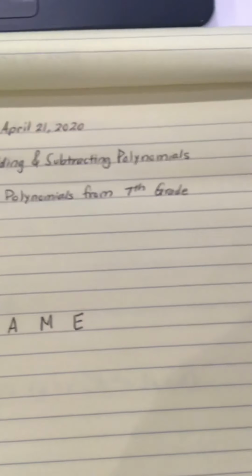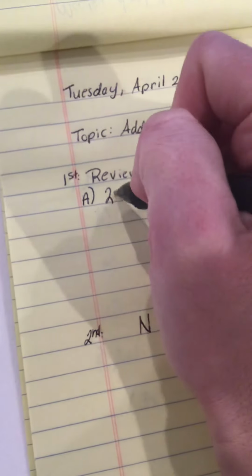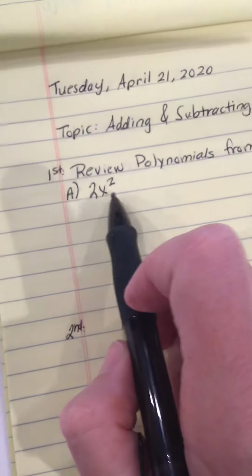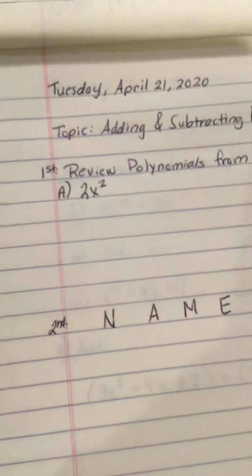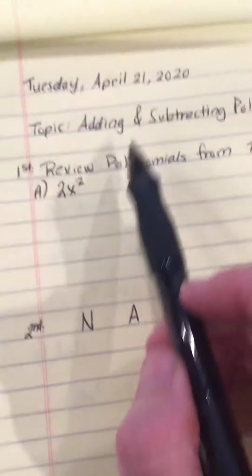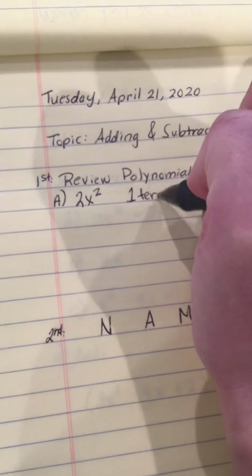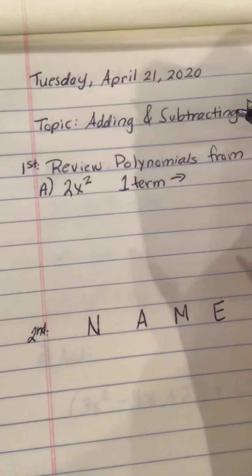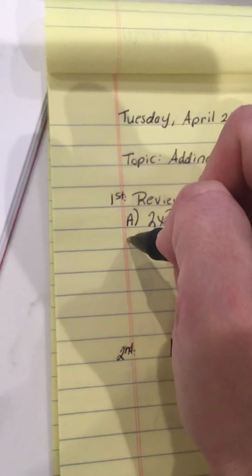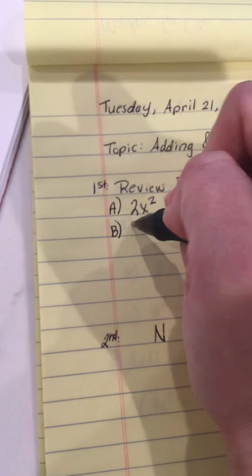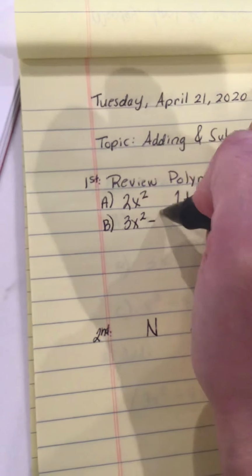First, we're going to review polynomials from 7th grade and just naming them. So let's start with one that looks like this, like 2x squared. Notice there's no plus or minus between it. See if you remember what that's called when it's just one term. So it's one term. What do you call that? Okay, and then we have b. Let's do 3x squared minus 1.